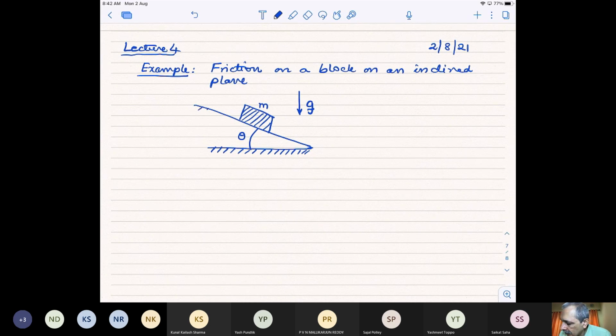And let's suppose that there is a frictional force that is acting on this surface, where we are given the coefficient of sliding friction, let's say it is 0.36, and the coefficient of static friction, mu, is given to be 0.47.